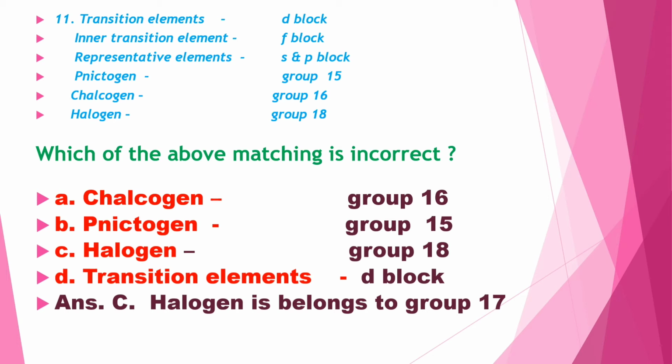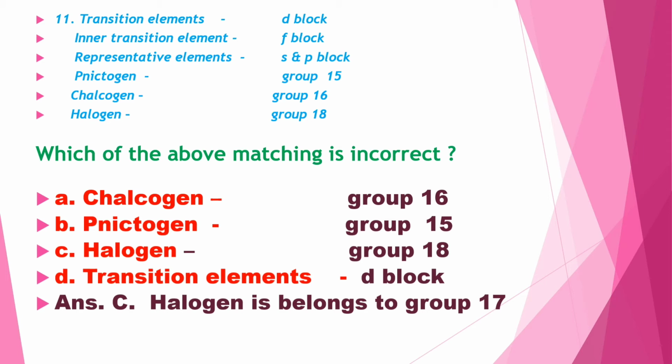A, chalcogen group 16. The oxygen group, that is group 16, is called chalcogen. This is correct. Pnictogen group 15. The nitrogen group elements, that is group 15, are called pnictogens. That is also correct.